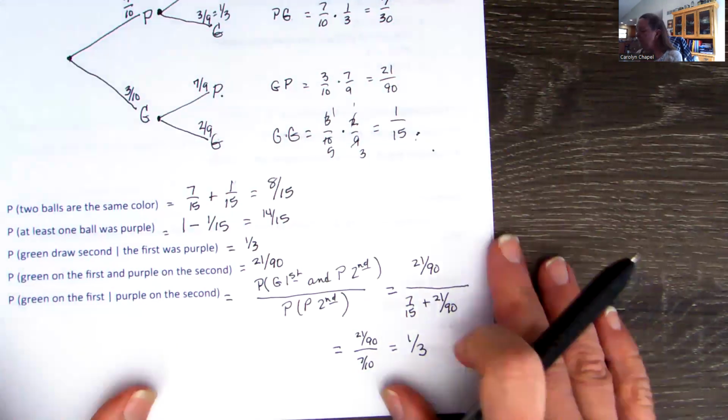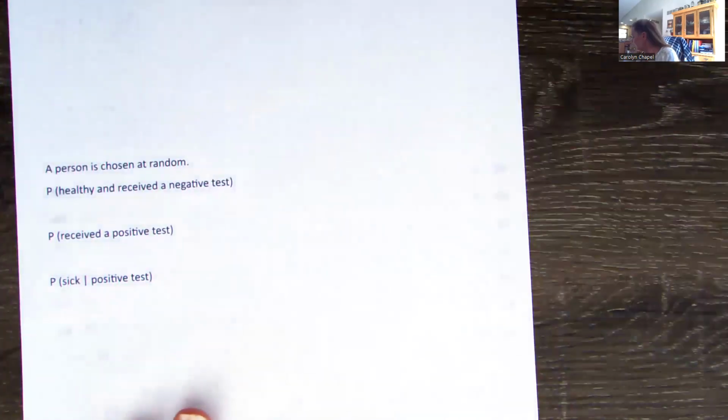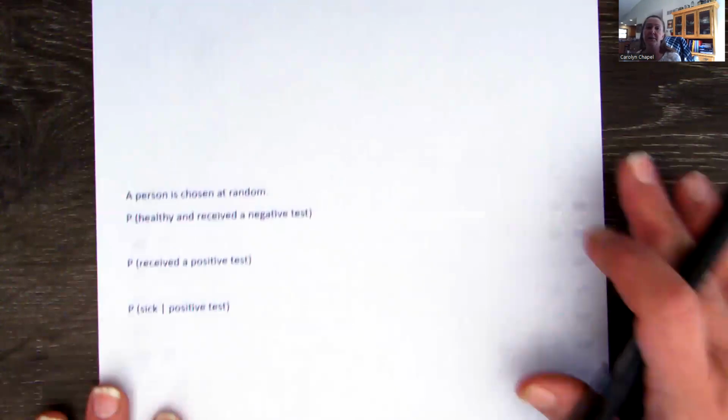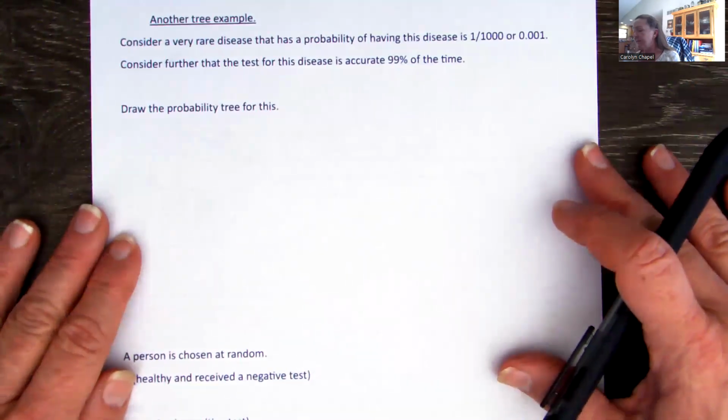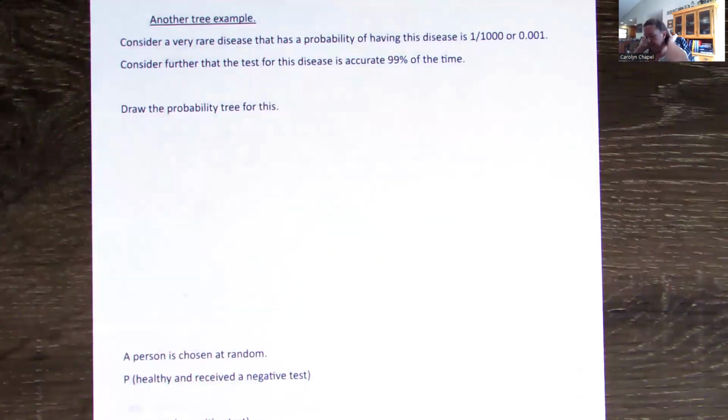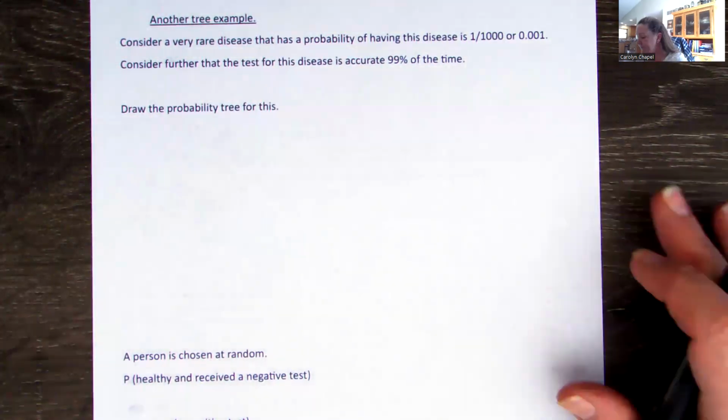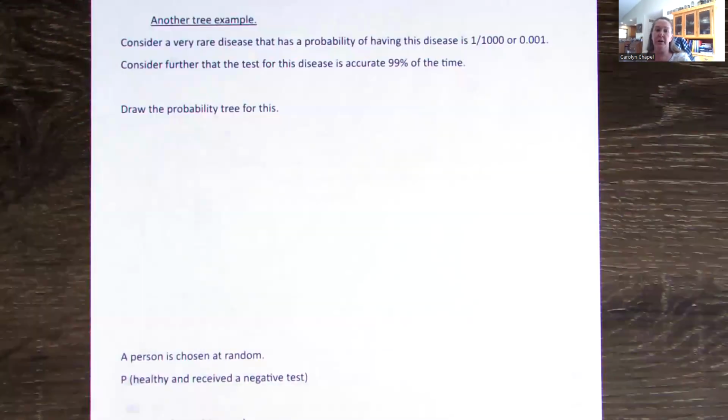All right, we're gonna do one more. And I want to show you this one simply because it is used in the medical field. And it is kind of hard to see. So I'm going to draw a picture once we're all done to show you that it's kind of eye-opening. All right, let's say we have a very rare disease.